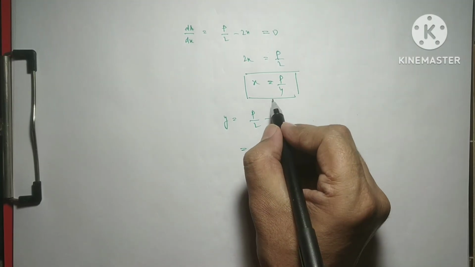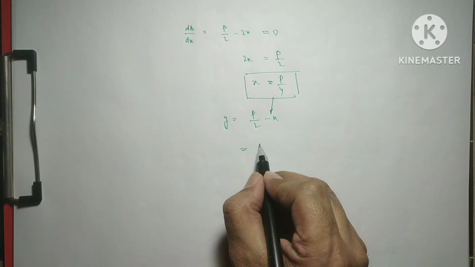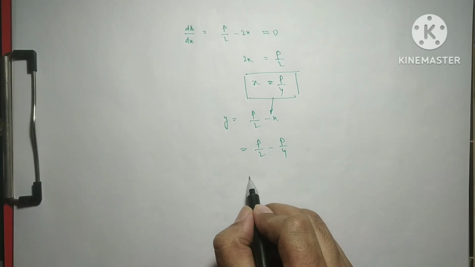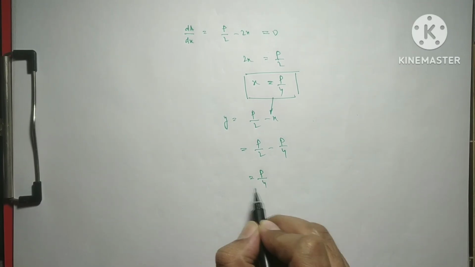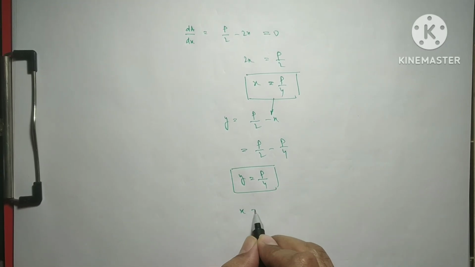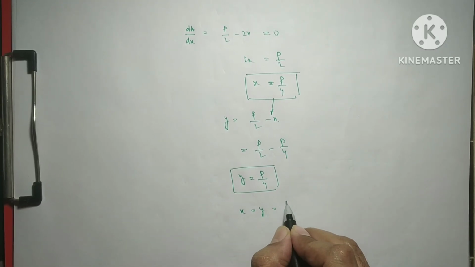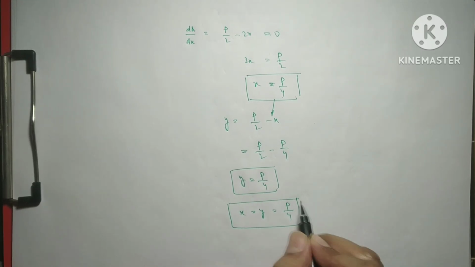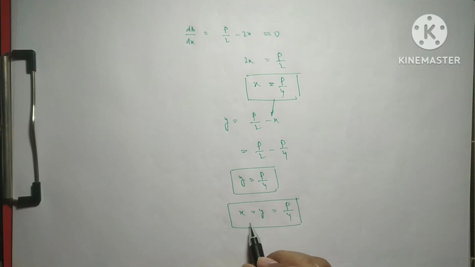So we put this value. So P by 2 minus P by 4, again we get P by 4. So the dimensions x and y are equal, that is P by 4. That shows the dimensions of rectangle are equal, so it is a square.